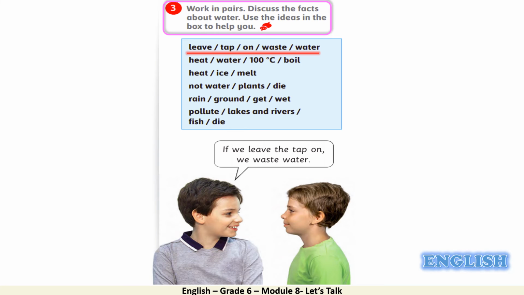Let's see. If we leave the tap on, we waste water. So here we have applied the rule of the zero conditional. So leave in the present and waste in the present too. I would like you to follow the same model to complete the other examples. So pause the video for some time and do the rest.